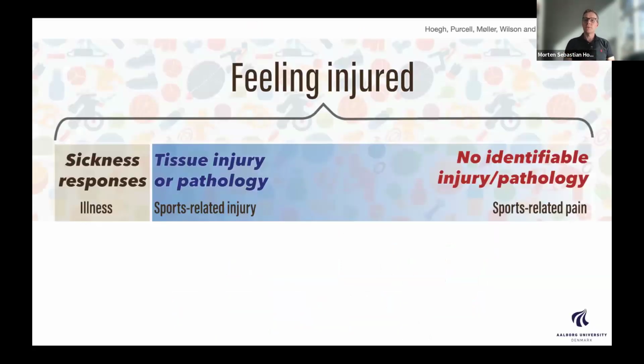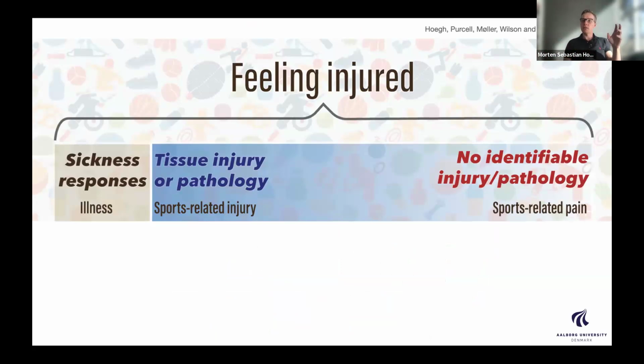And talking about the people, this is again from an unpublished paper, so don't think that this is cut in stone, it's still in peer review. But when you have a person that feels injured, again, here we talk about athletes, but it goes for everyone. When a person feels injured, there could be a myriad of things underlying that. That could be like the flu or COVID, for instance, or an illness response, right?